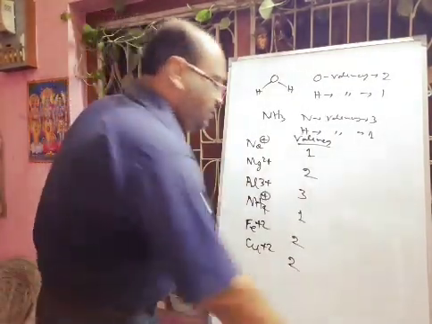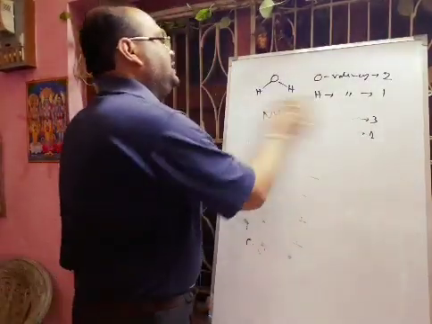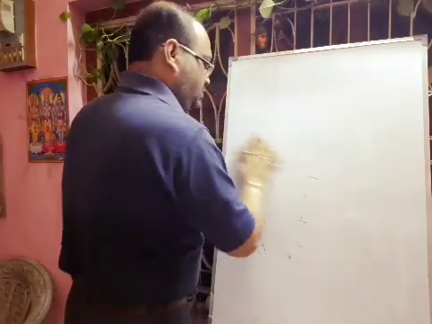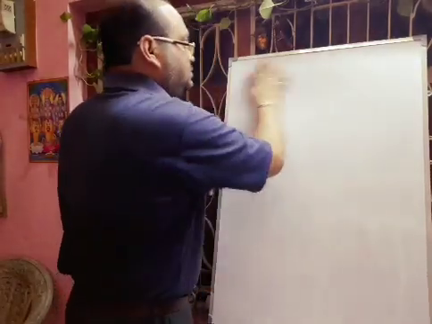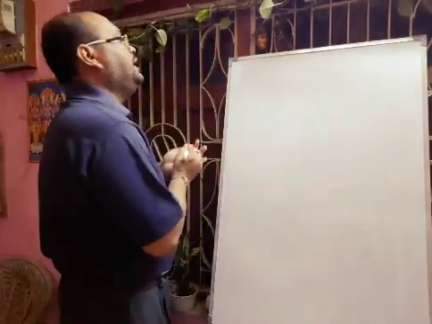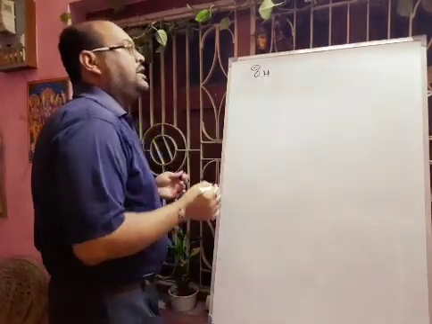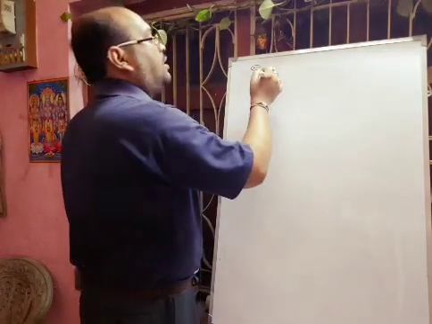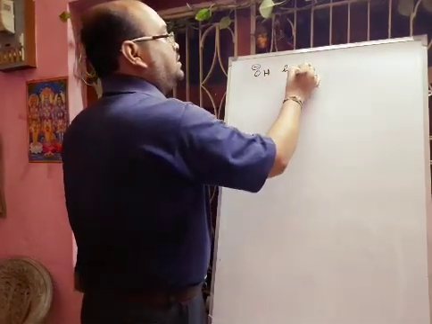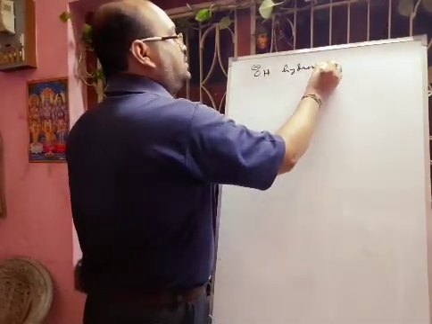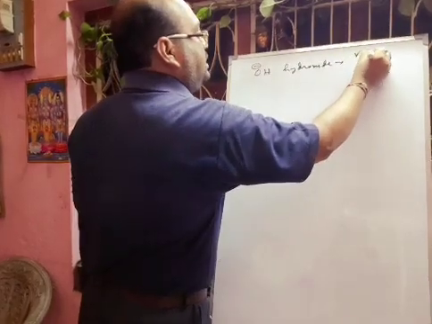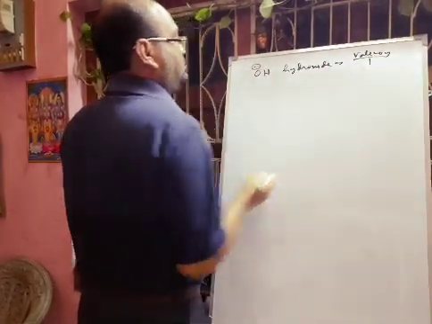In this way, one chart is there for acid radicals. That also you have to remember. Like OH minus, this is called hydroxyl or hydroxide, and its valency will be 1.